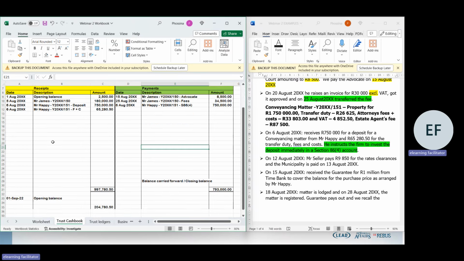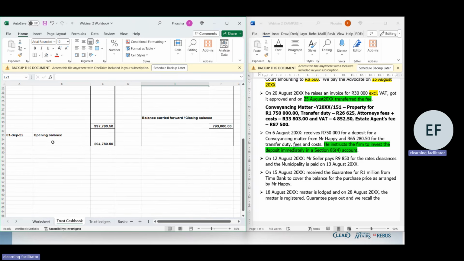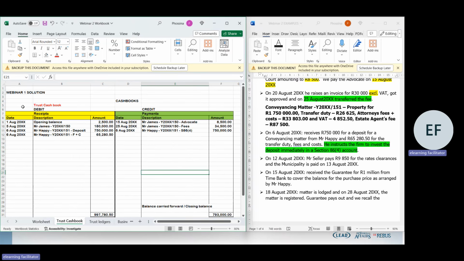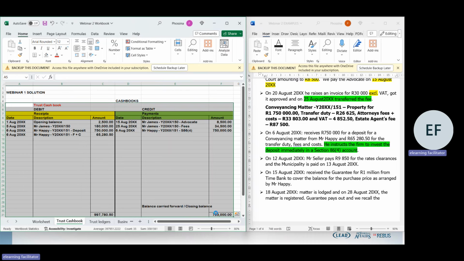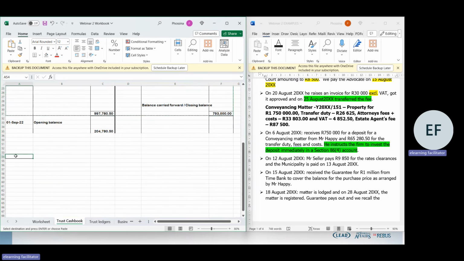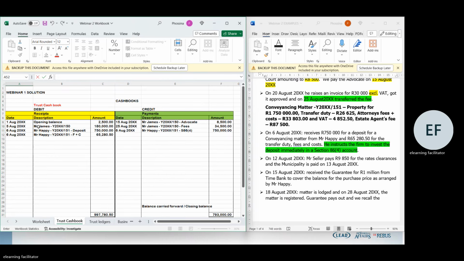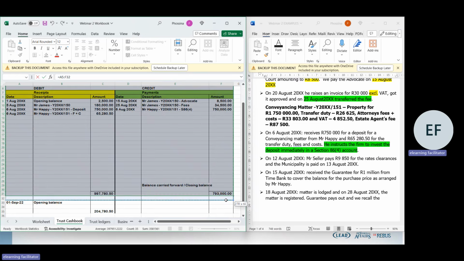So I'm going to copy a T account to make it faster, and clear the transactions. Sorry, didn't copy properly. I'm going to copy our cash book.